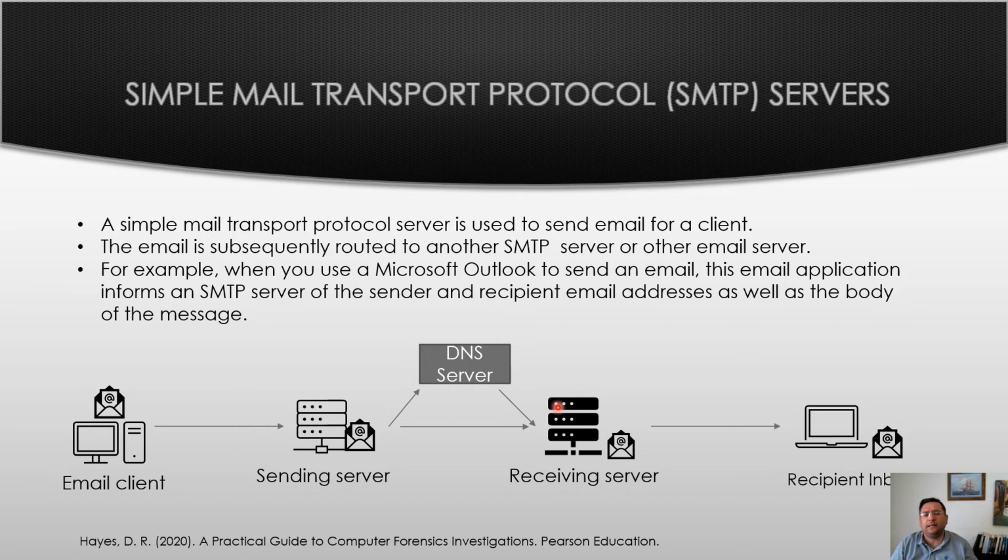When sending an email to another domain, for instance, an email from Hotmail to Yahoo, the SMTP server communicates with a DNS server and requests the IP address of the SMTP server. Then the DNS responds with the IP address for the SMTP server that Yahoo, in this example, operates.